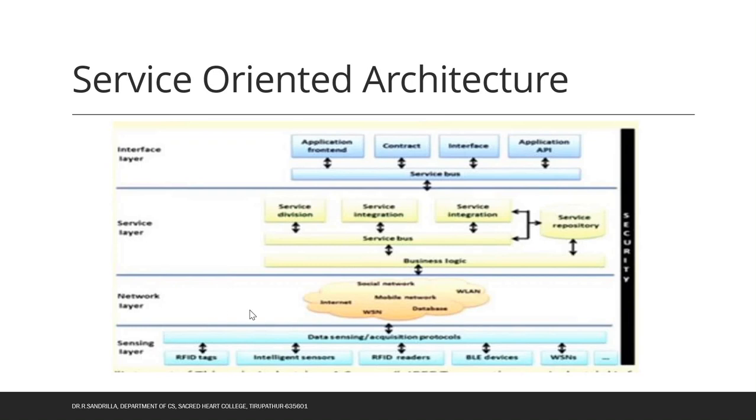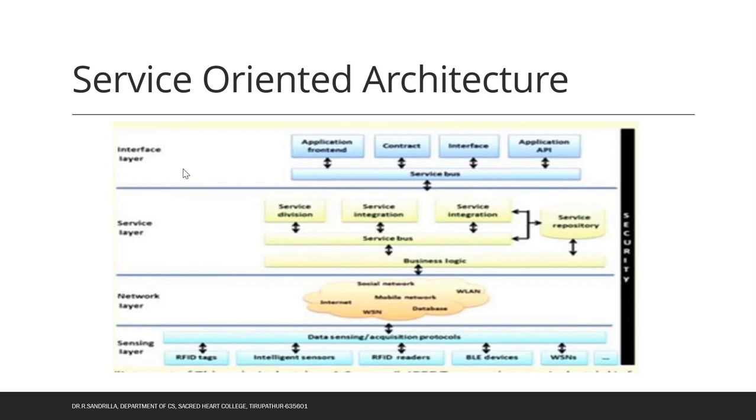Above the sensing layer is the network layer, which comprises wireless sensor networks, the internet, mobile networks, databases, social networks, and wireless LANs. Above this we have the service layer, which comprises the business logic, service repository, service division, and service integration.